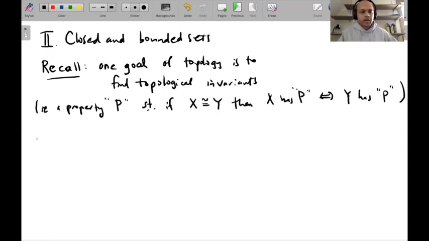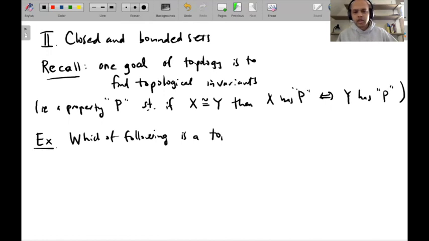But before we get there, let me start with a little example. Let me phrase this as a question: which of the following is a topological invariant for subsets of R2?